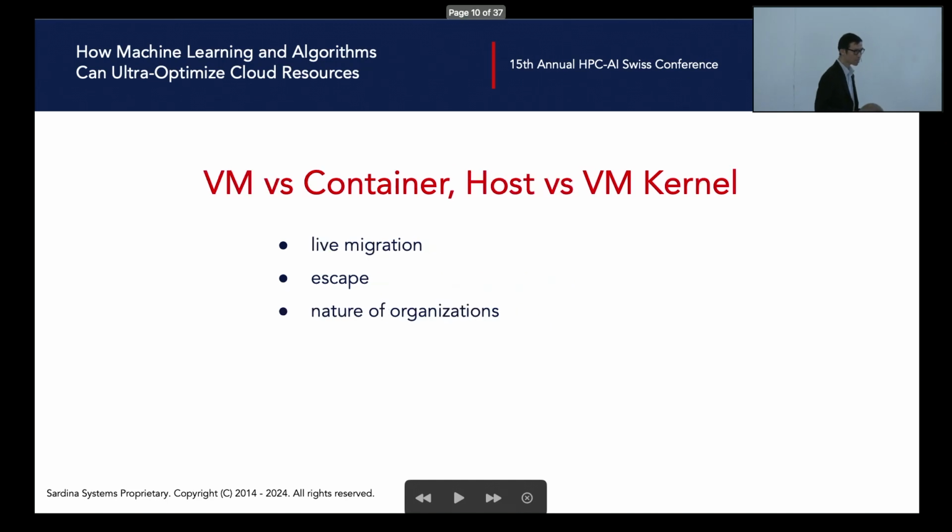Now, look at VMs versus containers, the host kernel versus the VM kernel, and there are various other things that come into play. For example, with VMs, you have live migration, which is often very useful. This also has to take into account how you fit into the client organization: loosely coupled versus tightly coupled organizations.